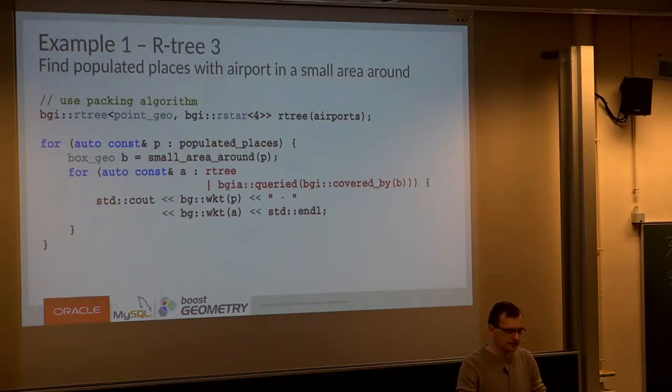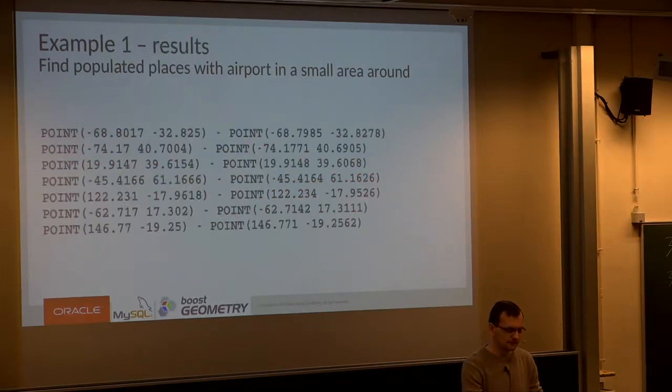And for that, I'm creating a queried range using a range adapter, similar to Boost range adapters. So what's returned now is a range representing a pair of iterators, basically, just as it was on the previous slide. And here's my result, so some pairs of points which are close to each other.